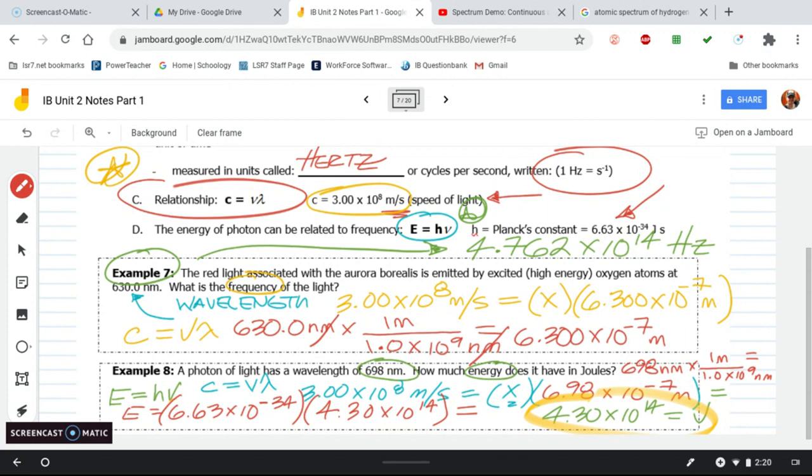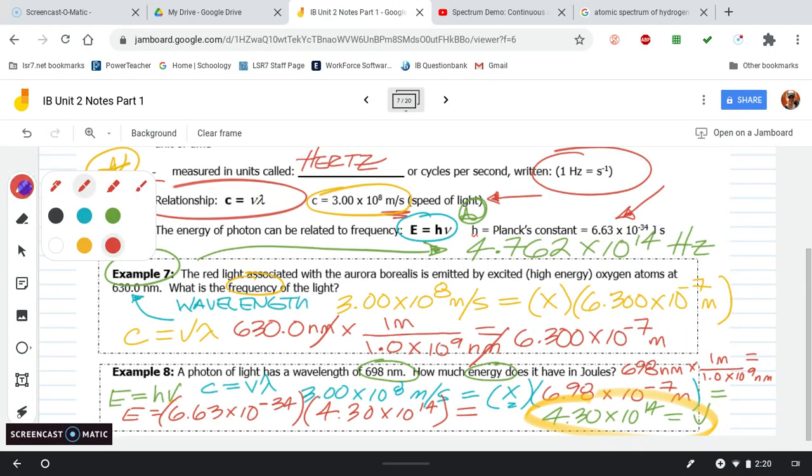You're going to get 2.85 times 10 to the negative 19th. And so I don't know where I'm going to put that. So it looks like I'm just going to kind of squeeze it in up here. 2.85, not a very good looking 8. 2.85 times 10 to the negative 19th.